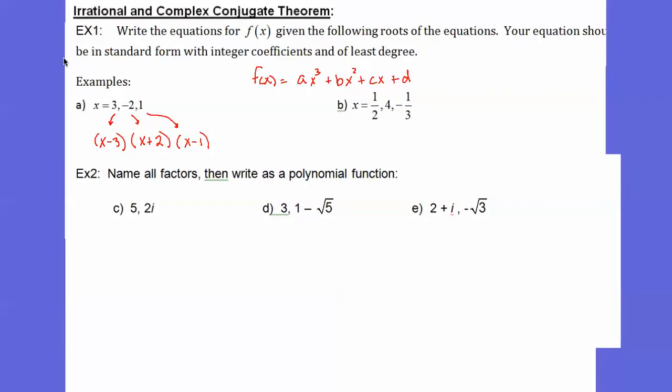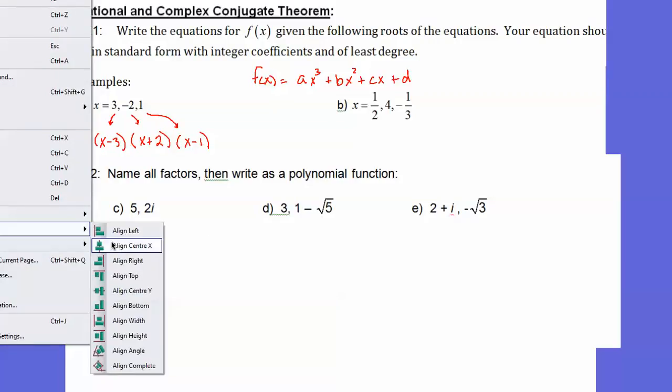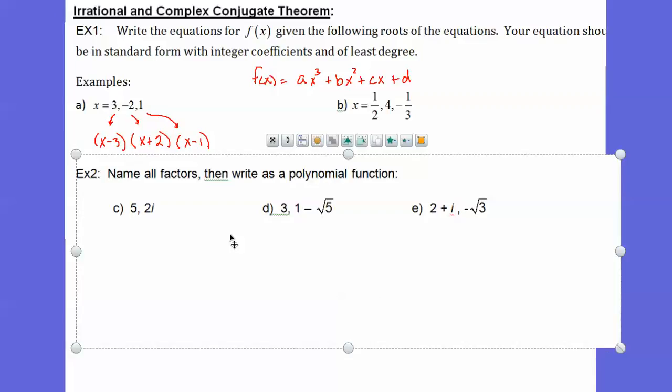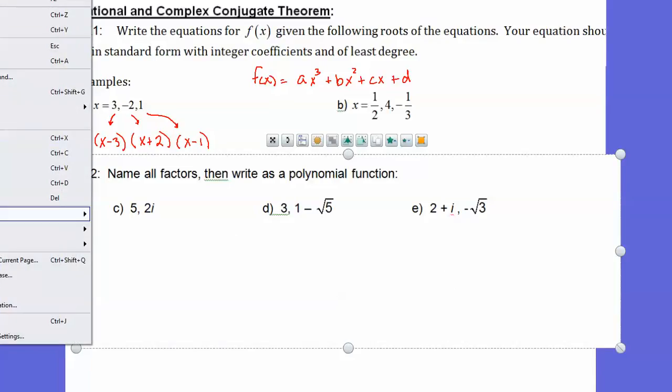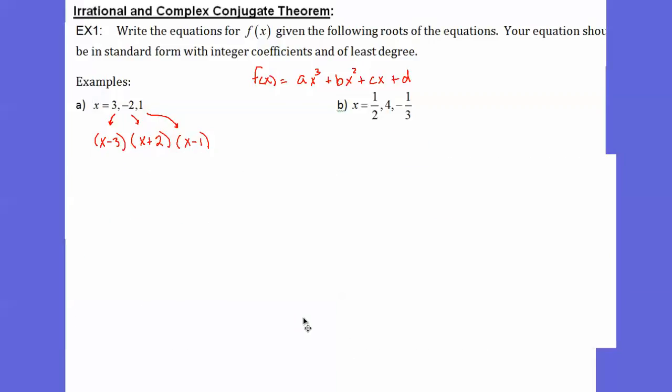My job now would be to multiply that out so that I actually have a form that was in standard form. So first what we would have to do is we would have to FOIL out two of these pieces.